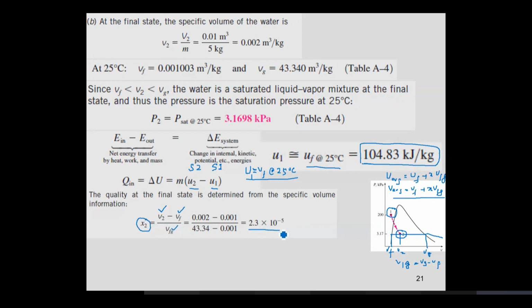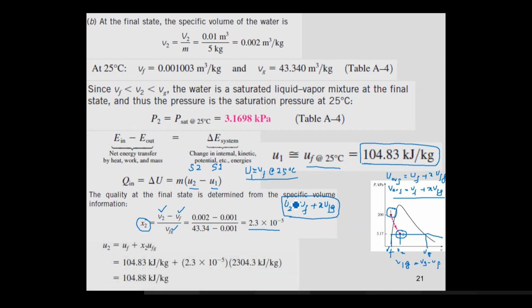Once I have the value of X2, I can find out the value of U2, which would be equal to Uf at 25 degrees centigrade plus X multiplied by Ufg at 25 degrees centigrade. So Uf at 25 degrees centigrade is known to me, 104.83.